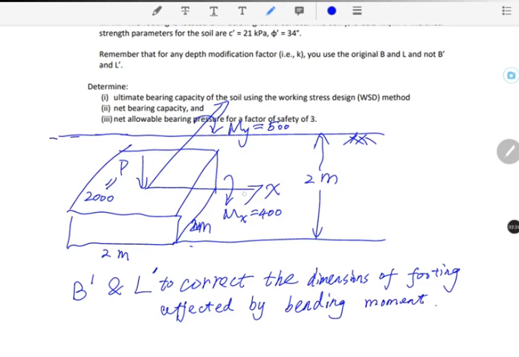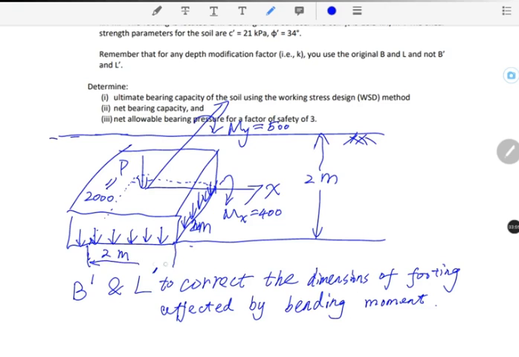It's easy to understand that this bending moment Mx increases the pressure between the footing and the soil on this side, and for this bending moment My, it increases the pressure between the footing and the soil on this side, which means the pressure distribution under the bottom of the footing is redistributed.